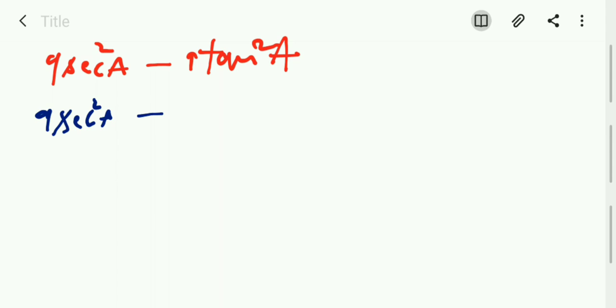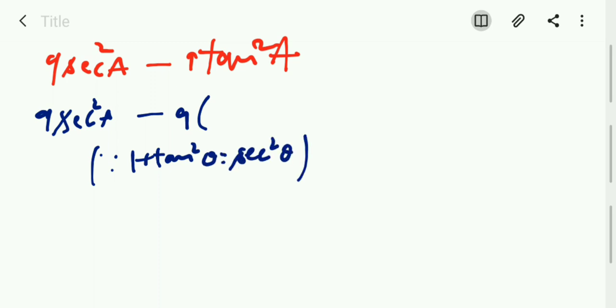Now, what is tan square, guys? 1 plus tan square theta is equal to secant square theta. Correct? You remember this identity, 1 plus tan square theta is nothing but secant square theta. So tan square theta is nothing but secant square theta minus 1.